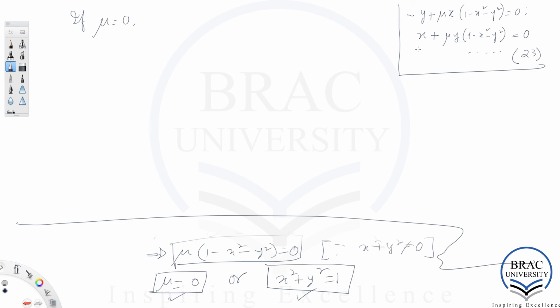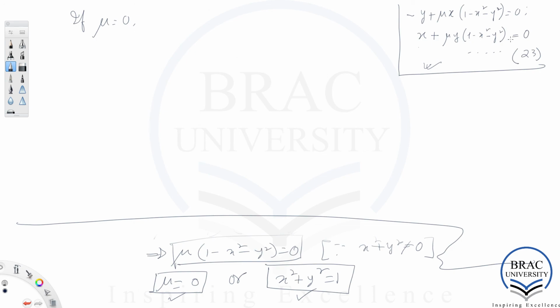What about x square plus y square is equal to 1? So if this is the case, then from the same equation, if I plug in x square plus y square to be 1, we get the same situation. Mu is equal to 0 and x is equal to 0, which is again a contradiction from the fact that x square plus y square is not equal to 0.